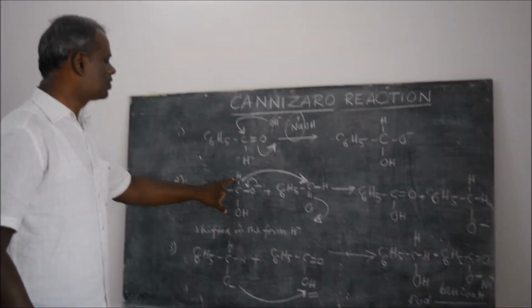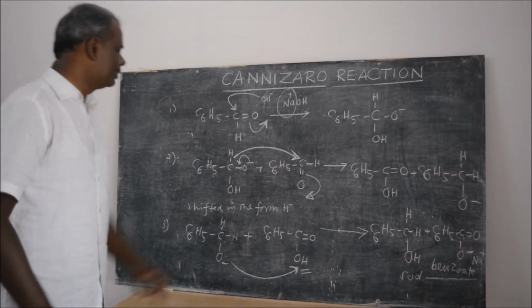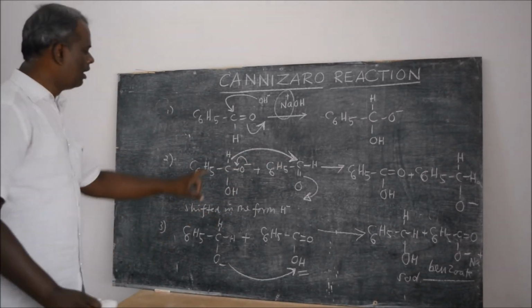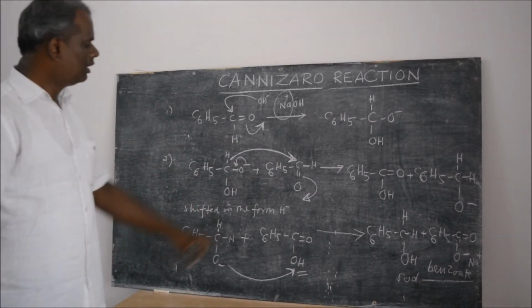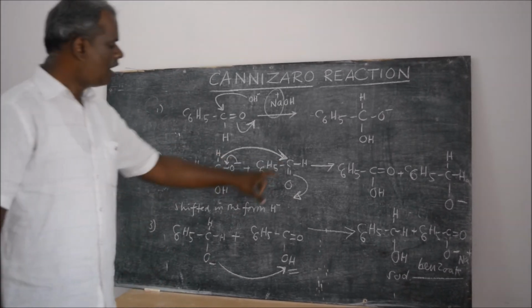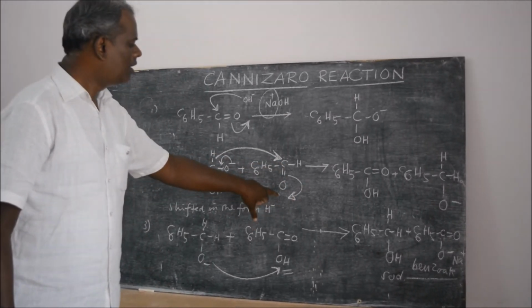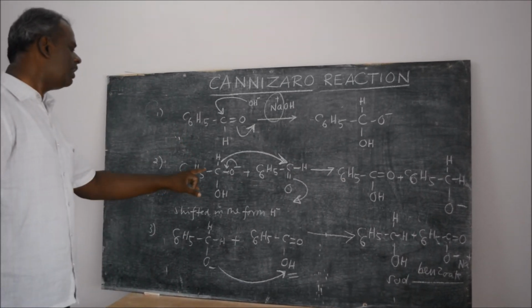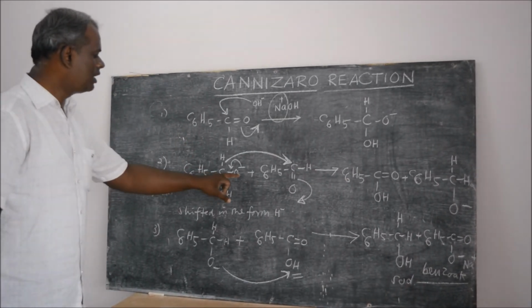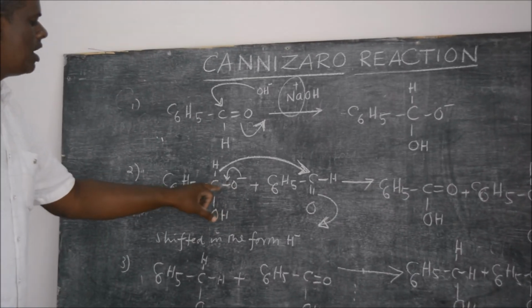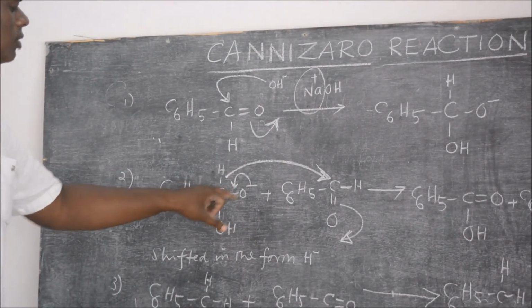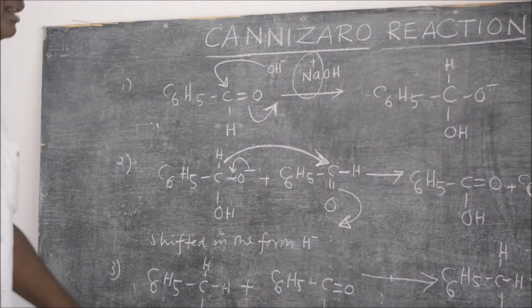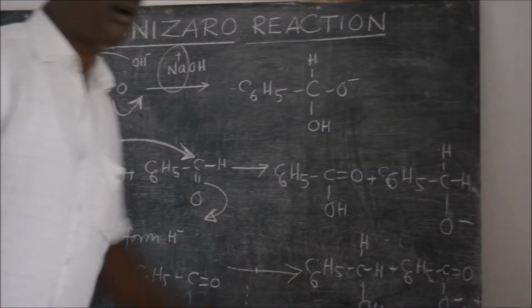We are shifting this hydrogen, the hydride, H minus, along with the electron pair, and it is added to this carbon. The carbon-oxygen bond is broken and that carries minus. Similarly, to compensate the valency of carbon, there is a need of one more bond. It is possible like this, by shifting of the electron pair. So we are getting these two as products.